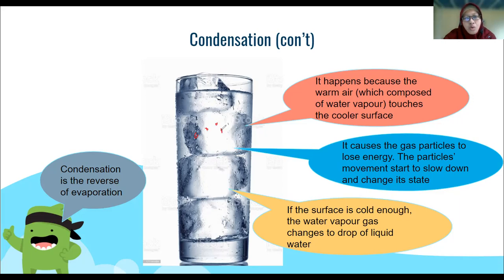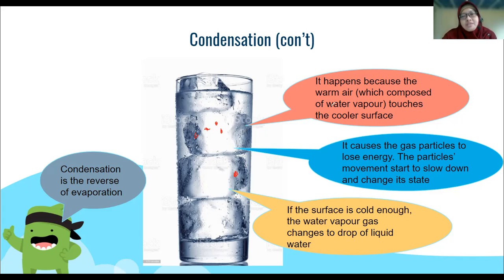If you ask me why the water drops exist on the surface of the glass and why they don't exist in the air, it's because the surface of the glass is getting cold. It's not the air, but the surface which is getting colder.